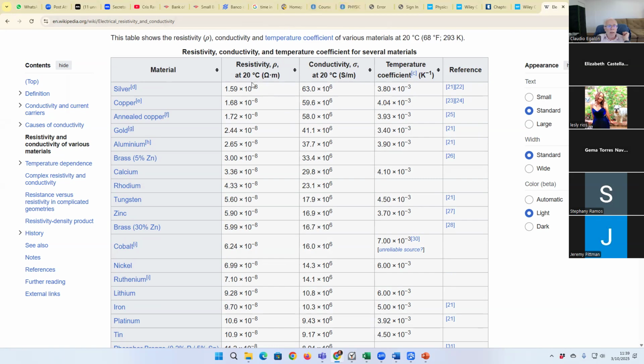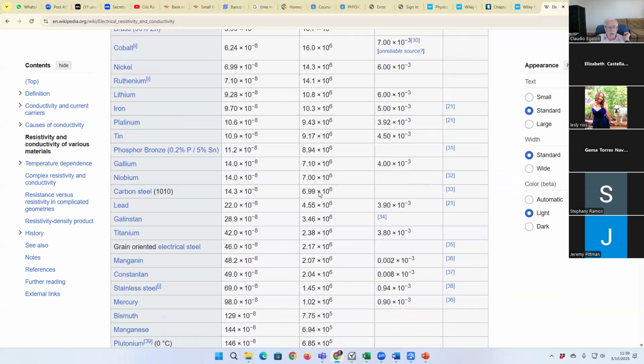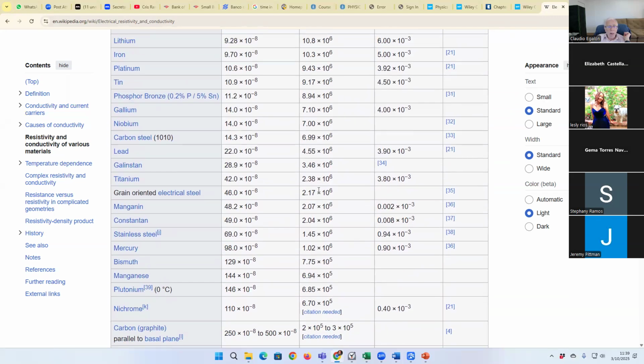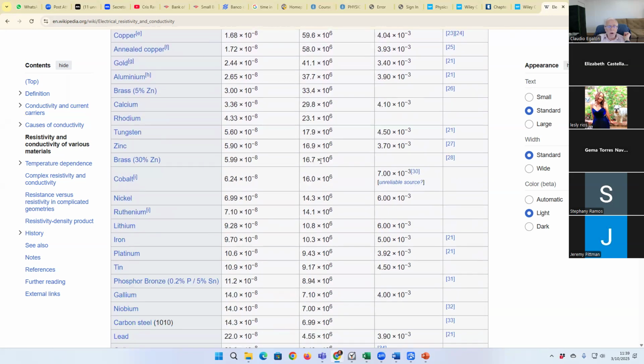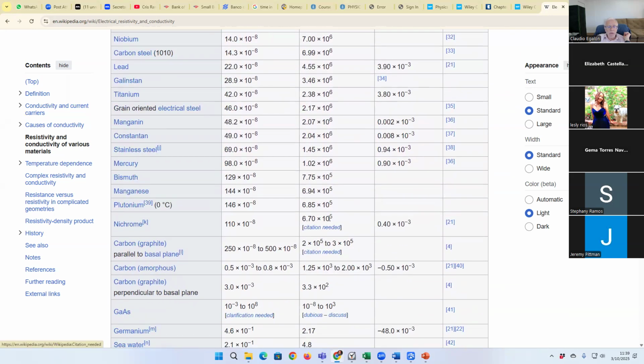Conductivity, silver is 63, copper is 59. Annealed copper is slightly lower. And you can go through those numbers and you're going to see that just silver and copper have the best conductivities. You don't see any other one. You have a number here, 6.7, but the 6.7 is times 10 to the fifth.